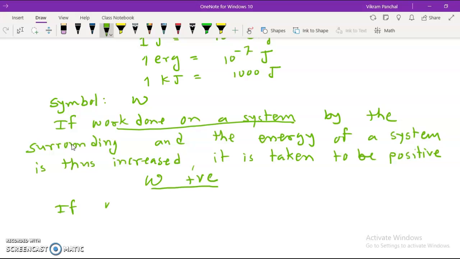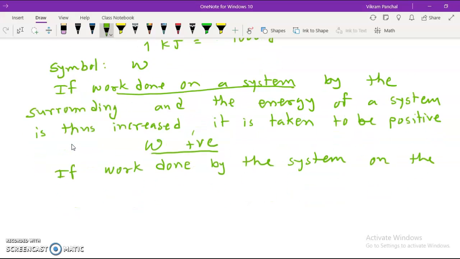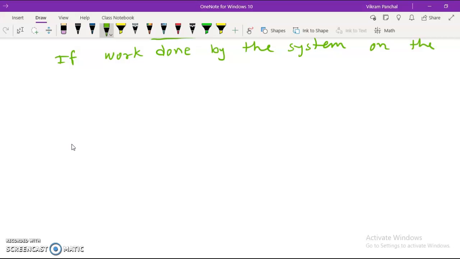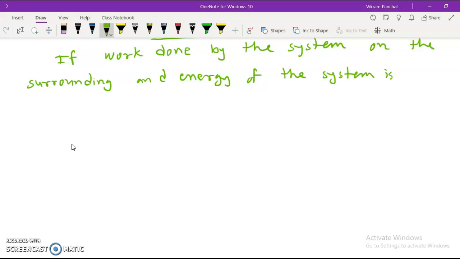If work done by the system on the surrounding and energy of the system is decreased, then it is taken to be negative.